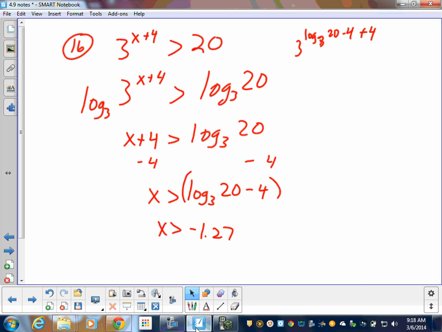So greater than negative 1.27 is a parentheses, comma, and go to positive infinity. And again, I use parentheses because that's greater than or less than. Questions? All right, let's keep going.